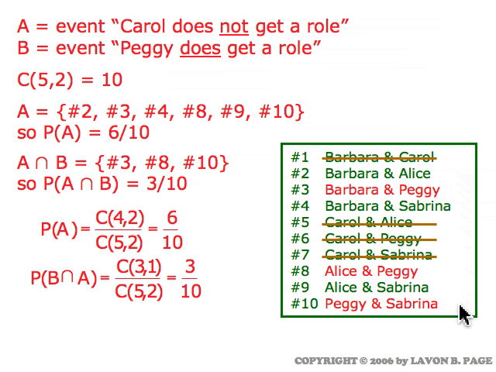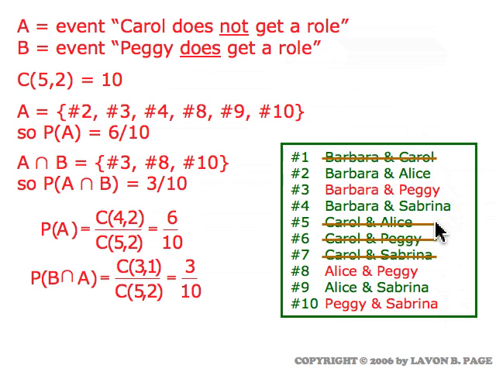Now, in the context of this list, which of the outcomes make up the event A? A was the event that Carol does not get a role. So in looking at the list here, the outcomes that make up event A would be the outcomes where Carol does not get a role, that is, the outcomes where Carol is not one of the 2 people listed.